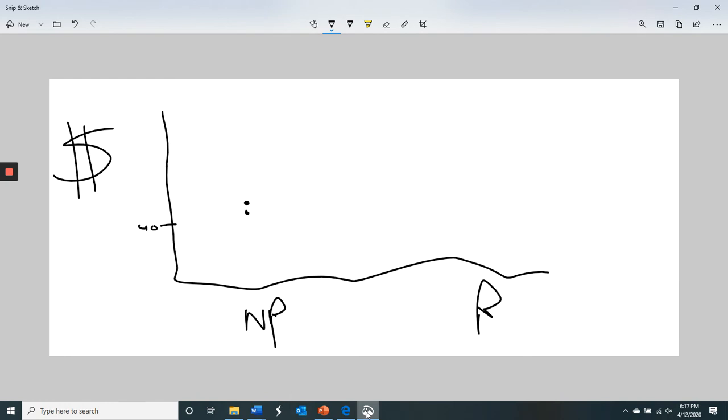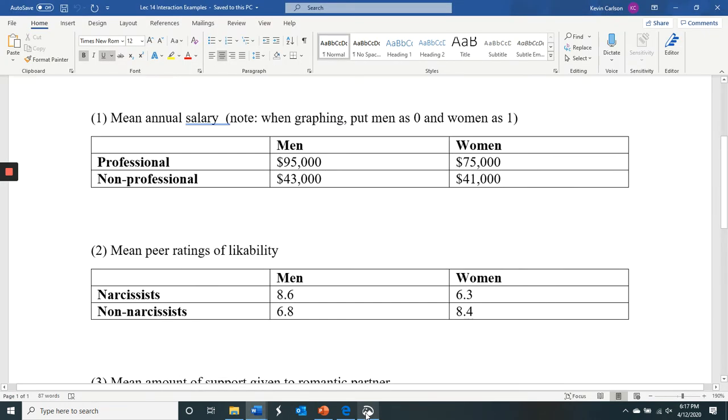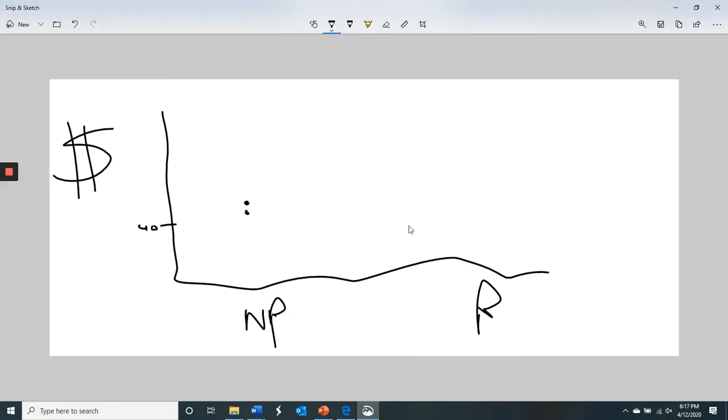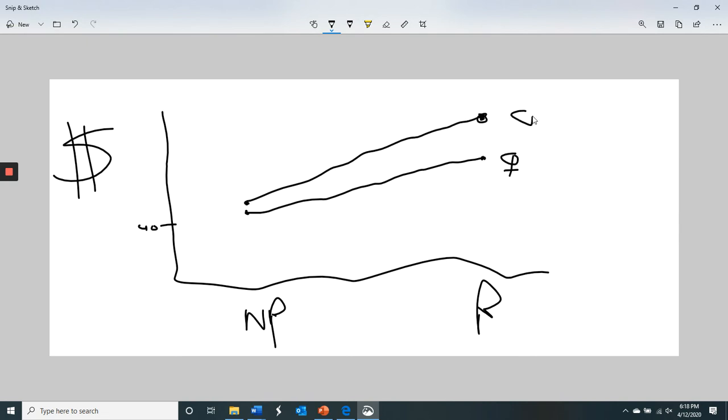I just put my two little dots there. Then for professional, men make 95, women make 75. So if we go up here, women are making 75 around here, and men are making 95 around here. We just connected that. So these were women, 41 to 75. And that's women. And then for men, connecting these dots is about like that. This is very rough.